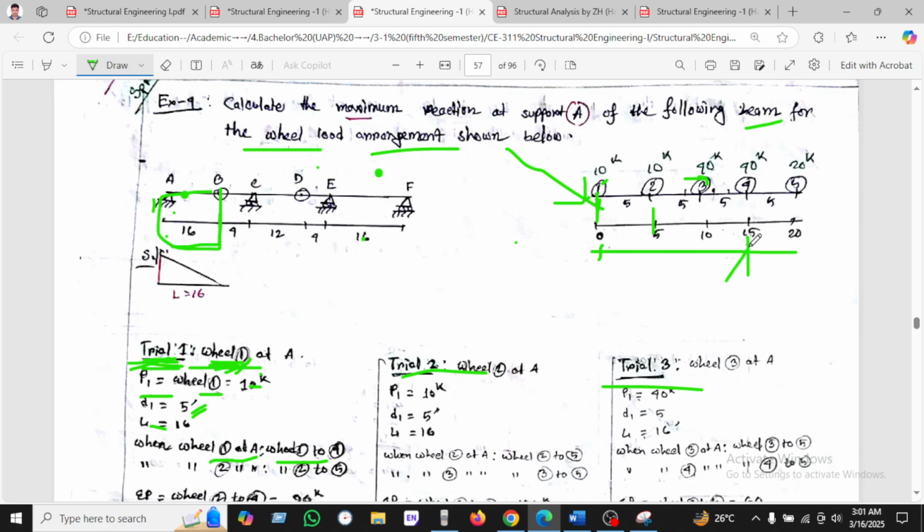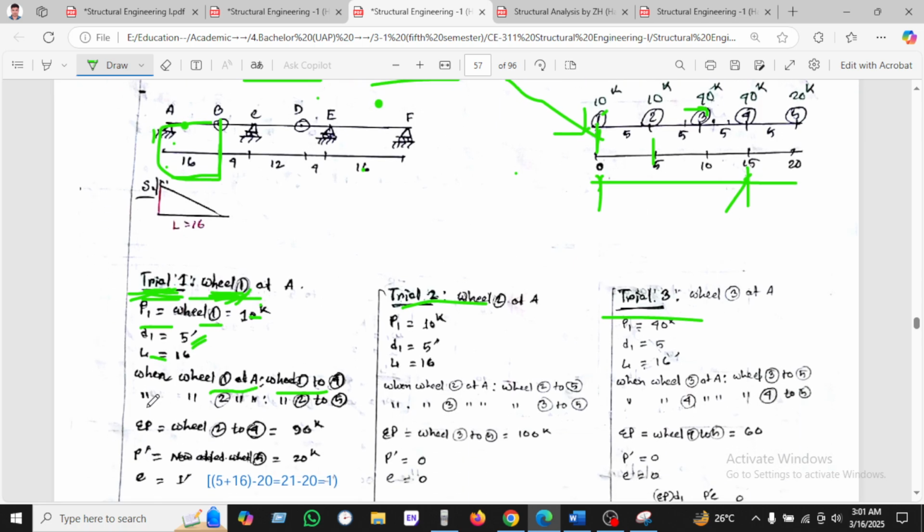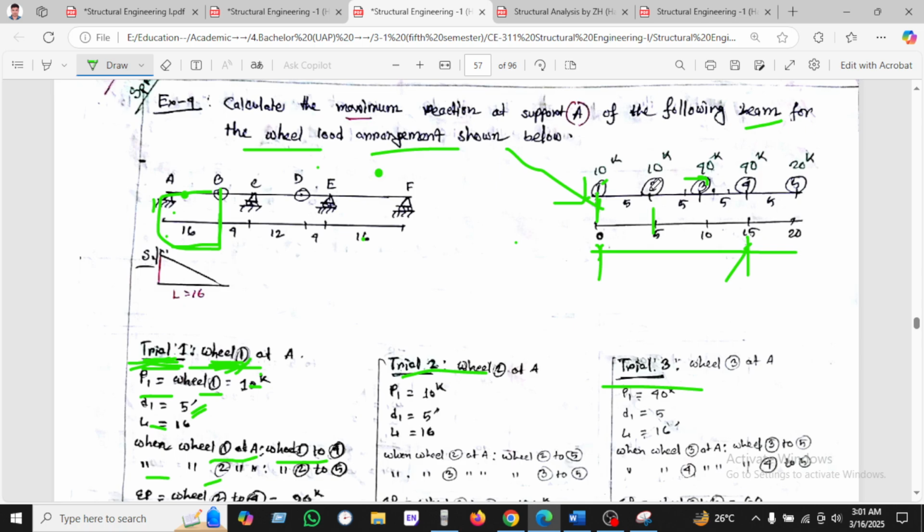This is the distance of 0 to 5, and when wheel 2 is inserted here, then wheel 2 to 5, as we have seen, is a distance of 15. Wheel 2 to wheel 5, this distance is 15, but we have seen the length of the beam is 16.